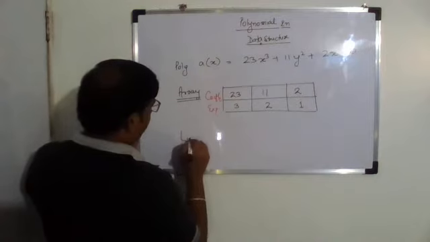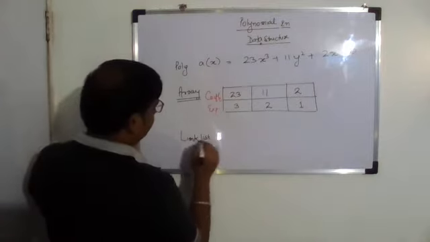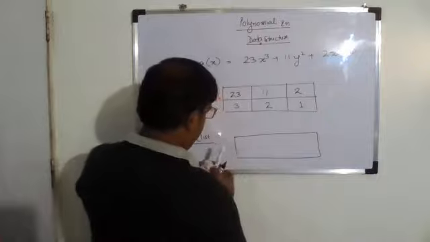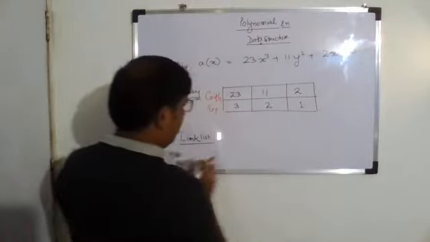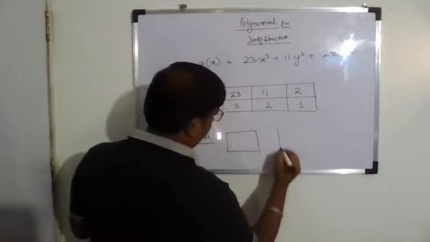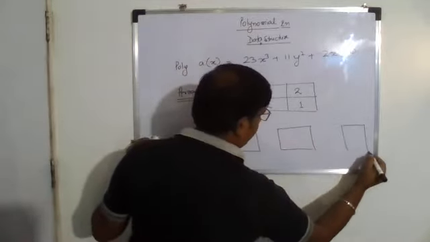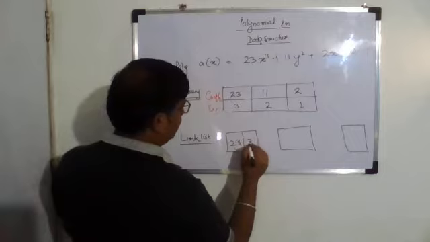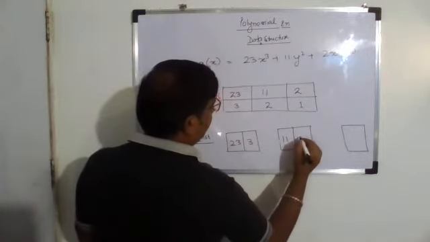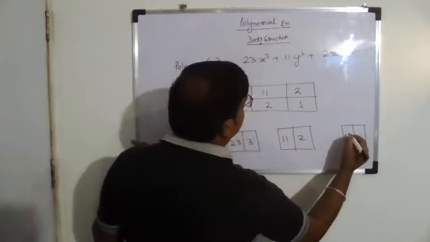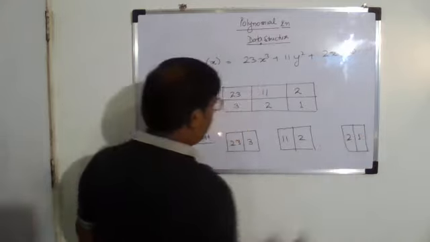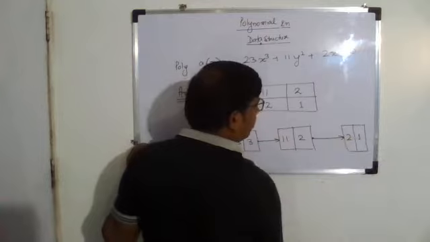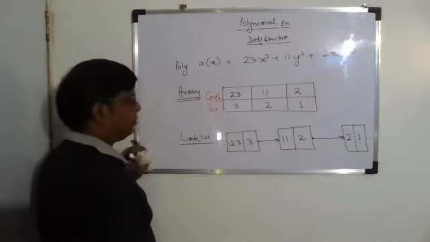Now let's use the same for the linked list. So again, using the same equation, number 1, coefficient 23, exponent is 3, coefficient is 11, exponent is 2, coefficient is 2 and exponent is 1, and we can join them to represent the polynomial, right?